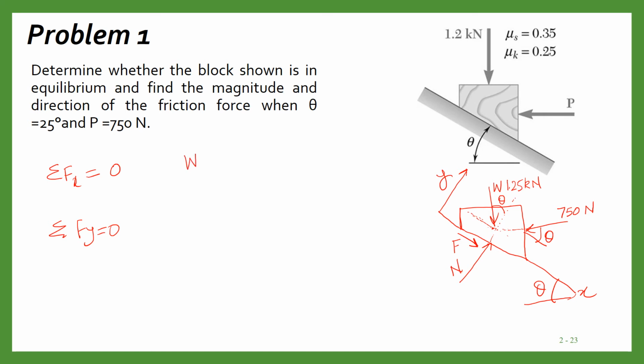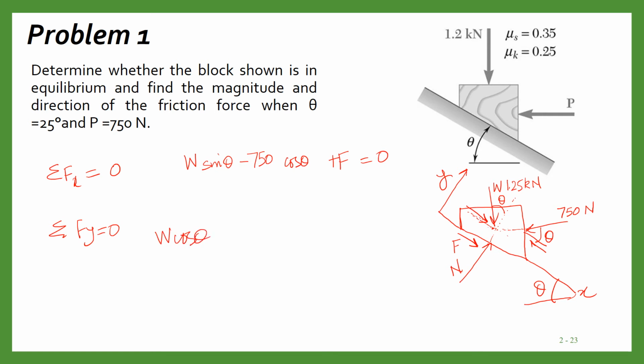Now in the x direction we have W sine theta, then this and this will be here, okay, and this P force will act in the opposite direction, so we can say minus 750 cos theta, and frictional force F will be equal to 0.